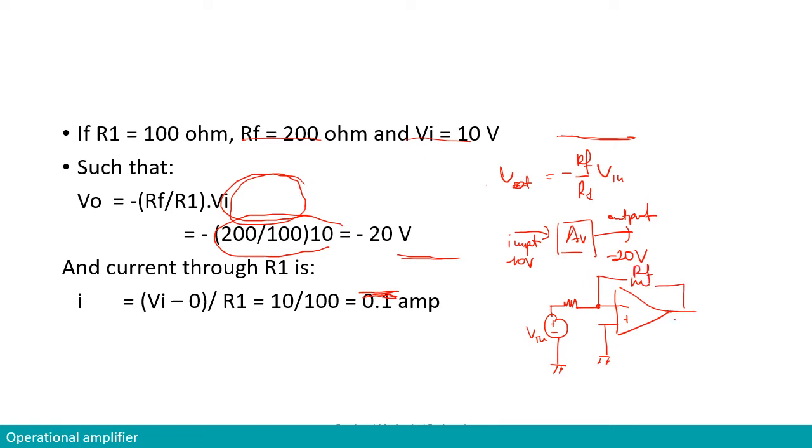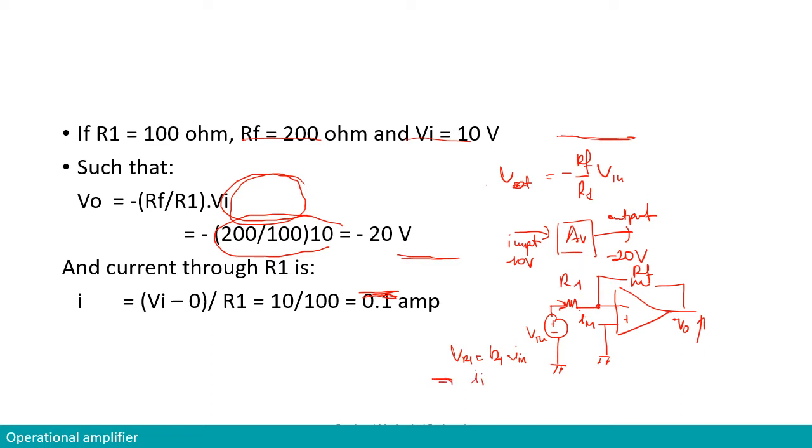This is V0, and this is R1. To calculate the current I in that goes across R1, we just use Ohm's law: VR1 equals R1 multiplied by I in.